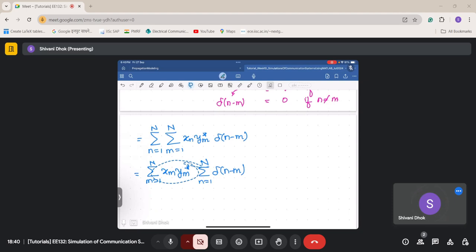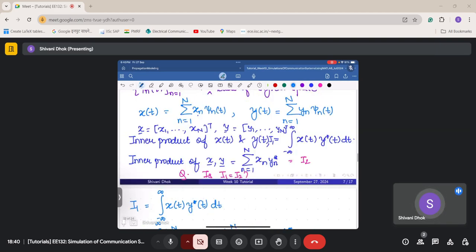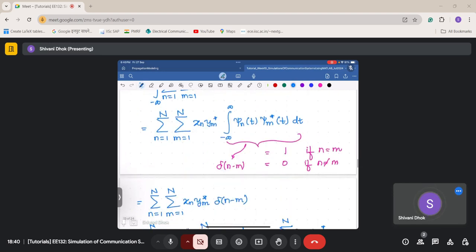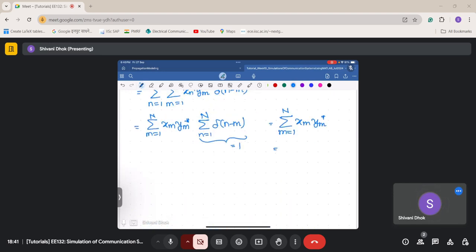This is a summation of impulses, and n minus m cannot go beyond N, so this sum will be equal to 1. Therefore, this reduces to summation m equal to 1 to N x_m into y_m conjugate, which is exactly equal to your I2, the inner product of vector x and vector y. So this is equal to I2.